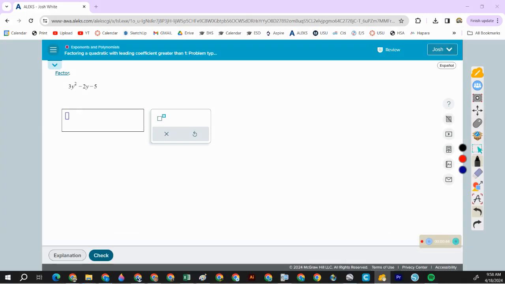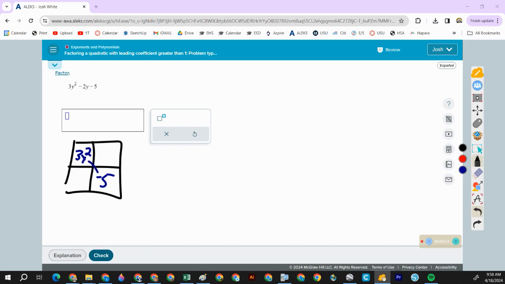Okay. Here the leading coefficient is not a 1, and I can't pull it out in any nice fashion. So I draw the box. I put in 3y squared and -5. Multiply those together: -15y squared. I factor 15. 1 and 15, 2 doesn't work. 3 and 5, 4 doesn't work.